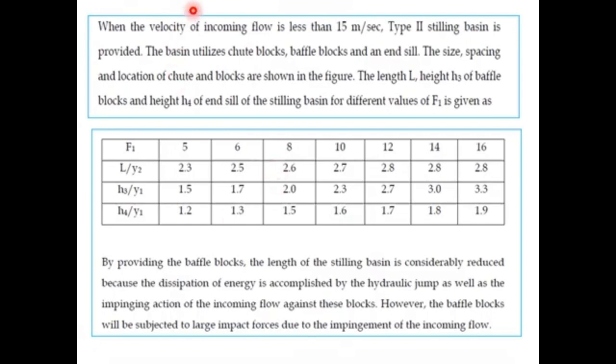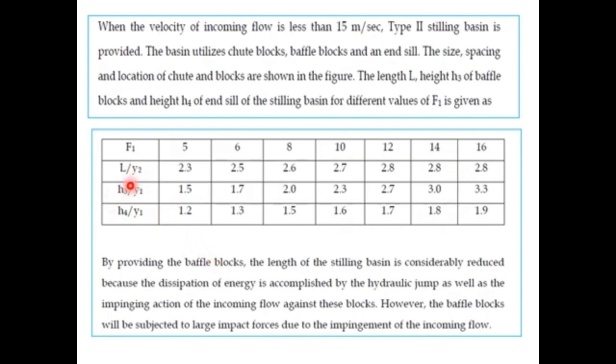So now you know that when the incoming velocity is less than 15 meters per second, we go for a type 2 stilling basin. This basin utilizes baffle blocks, which were not provided in the type 1 stilling basin. Then we also have an end sill. The size, spacing and location of the chute blocks are shown in the figure, and the length L, height h3 of the baffle blocks and height h4 of the end sill can be got from this table.